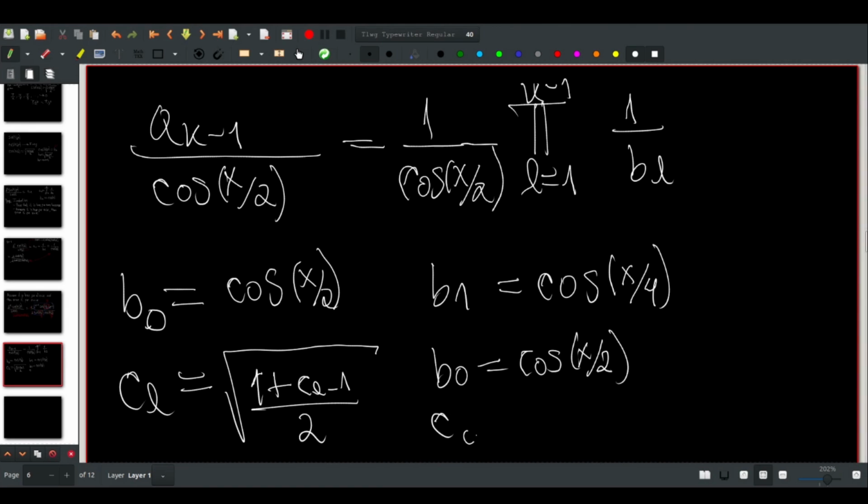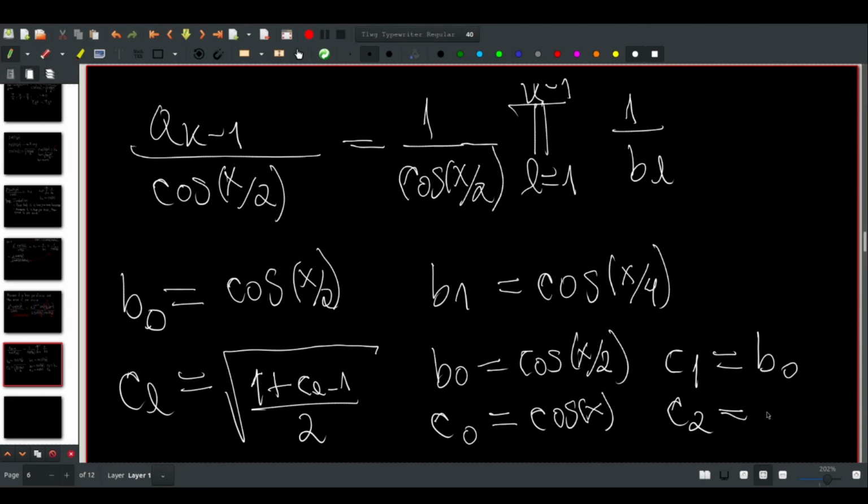Now I'm going to say C_0 is actually cosine of x. Why do I want to do that? Well, because then all I'm doing is essentially shifting the indices. C_1 is now B_0. C_2 is B_1. So all I did was, with this redefinition, this sequence is essentially the same as the B's, but it's just defined with twice the argument.